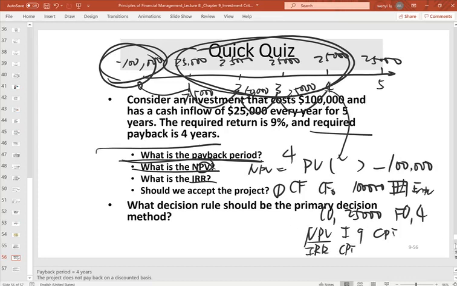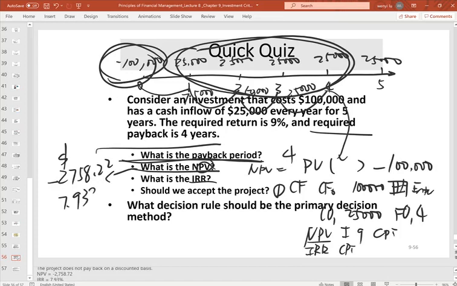Should we accept this project or not? We will prefer to use the NPV method. The NPV I solved is equal to minus $2,758.22. The IRR I solved is 7.93%.